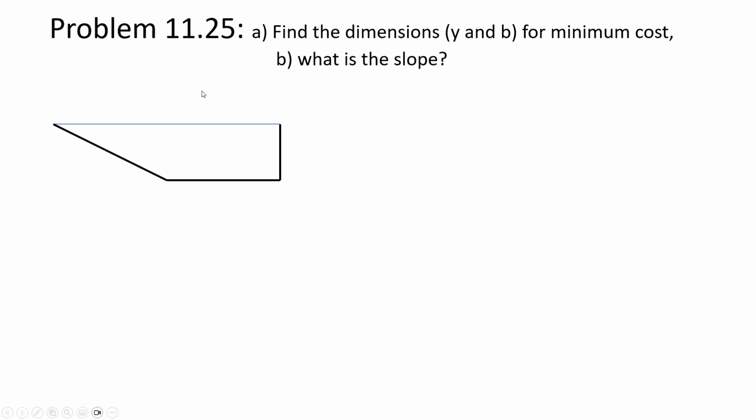All right, problem 1125. There is a channel that looks like this, and they want to know what is the shape of the channel that would give you the lowest cost for construction, where they're saying construction has two main components.